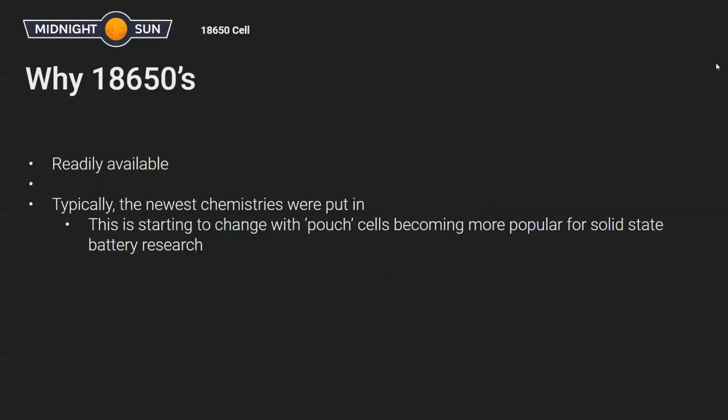So it's super simple to do. For the newest battery chemistries, such as solid-state batteries, this is transitioning a little more into pouch cells, so it's no longer cylindrical cells, but like a flat prism. But for now, the ones that are readily available and commercially viable, the best ones available are in the 18650 style.